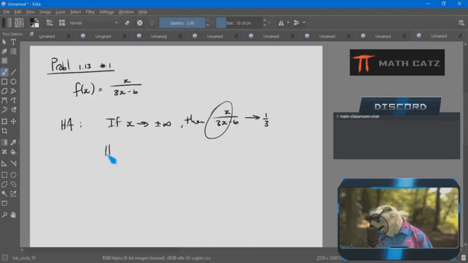So, horizontal asymptote, y equals 1/3. Exactly the same thing we've done before. That's the only way to find a horizontal asymptote. That is what horizontal asymptote means. Is there stable long-term behavior?